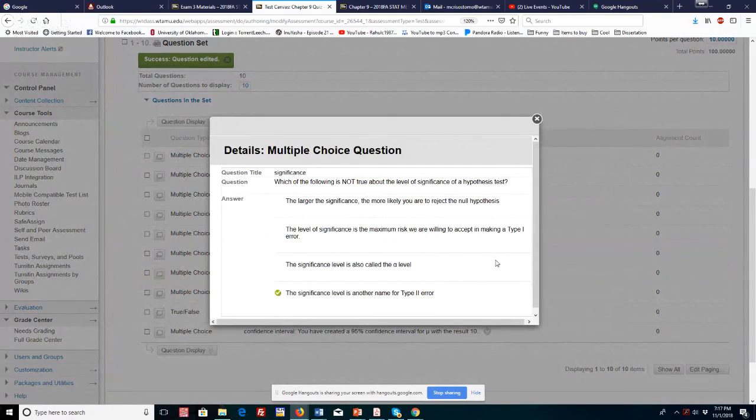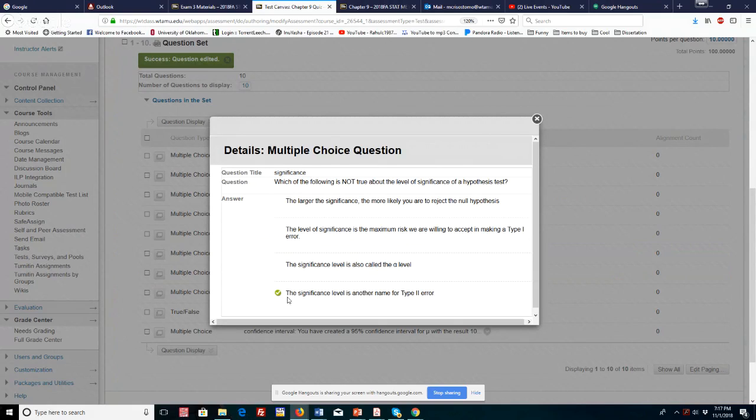Which of the following is not true about the level of significance of a hypothesis test? The larger the significance, the more likely you are to reject the null hypothesis. The level of significance is the maximum risk we are willing to accept in making a type 1 error. The significance level is also called the alpha level, or the significance level is another name for type 2 error.